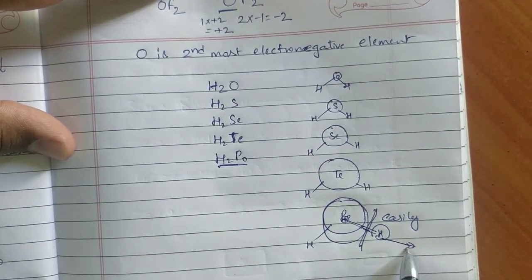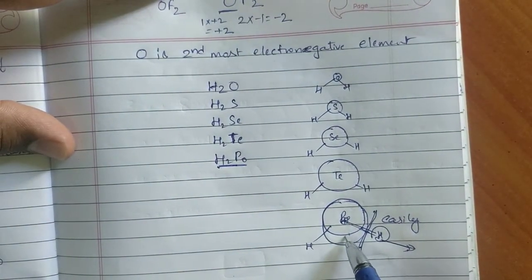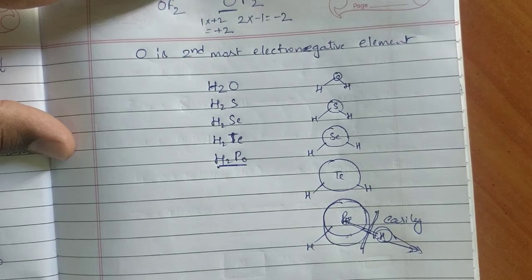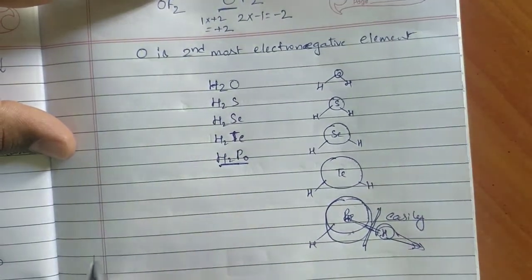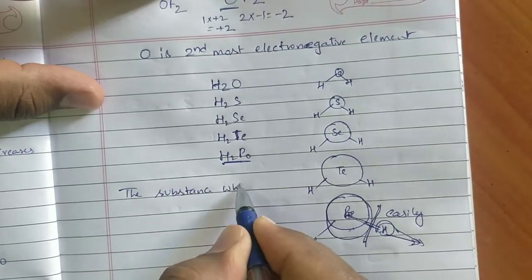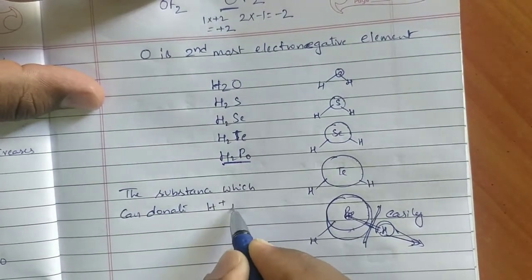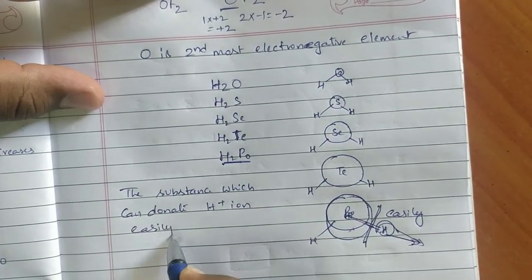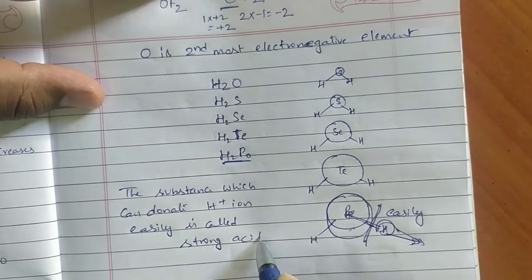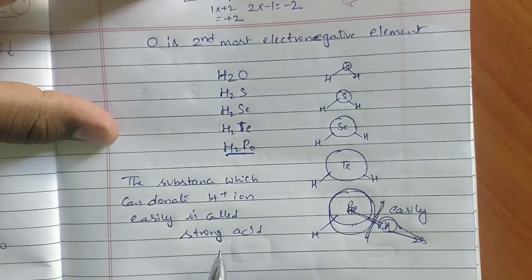The same type of explanation we have seen in the nitrogen group also. Top to bottom, the size of the central atom increases, and hydrogen can be donated easily. The substance which can donate H plus ion easily is called a strong acid.